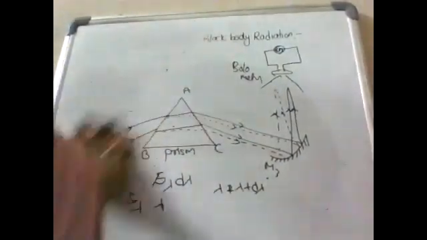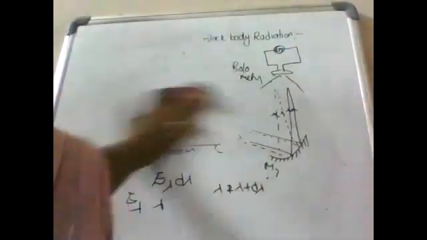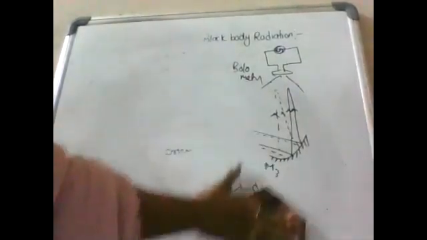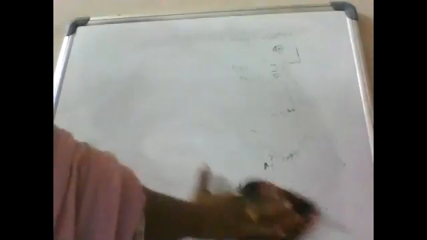So what is the graph we get? Here capital E equal to sigma T power 4.